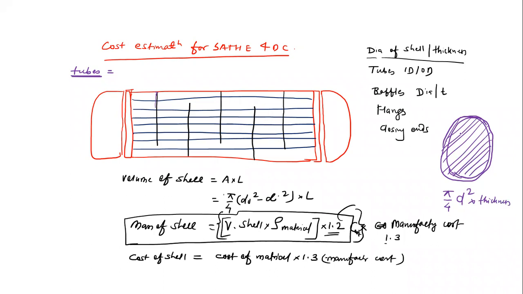So this is a completely filled up plate with a thickness. So the area would be pi by 4 d square, d is diameter, into thickness.